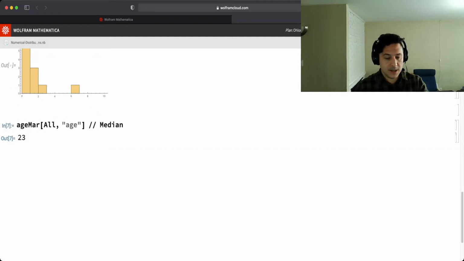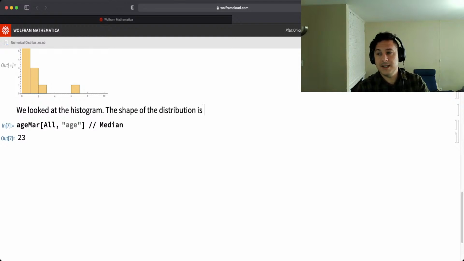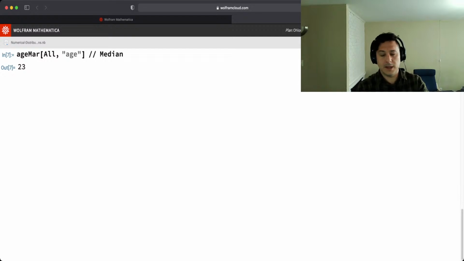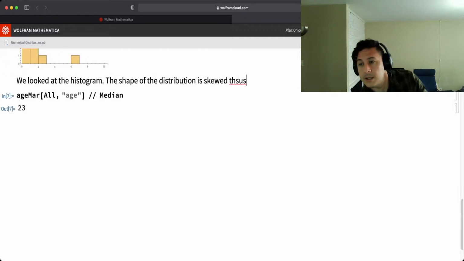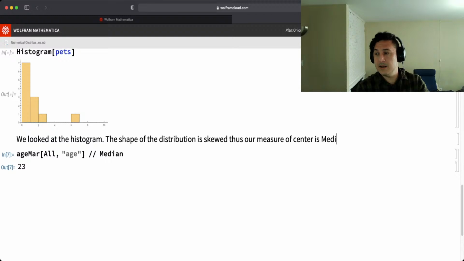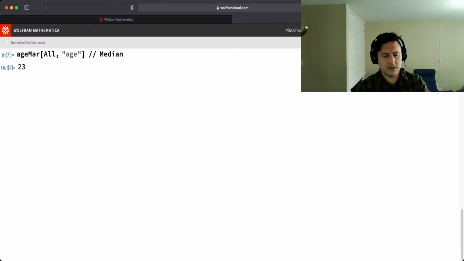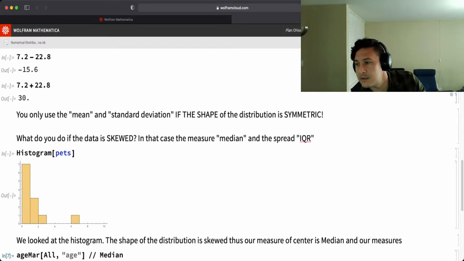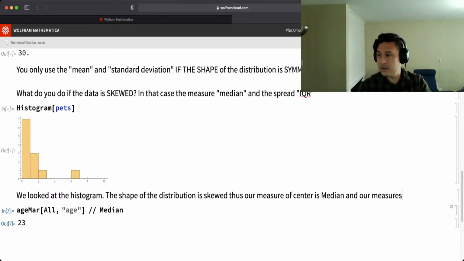So I'm going to write this down and say we looked at the histogram. The shape of the distribution is skewed. Thus, our measure of center is median, and our measure of spread is IQR.